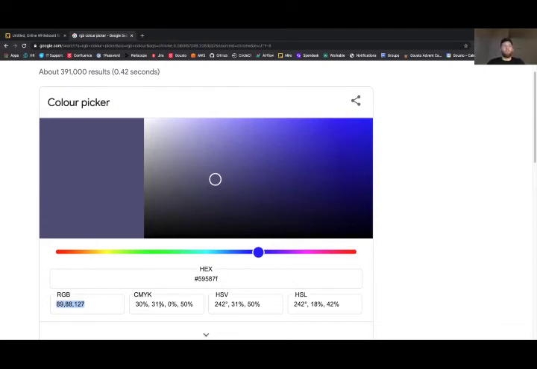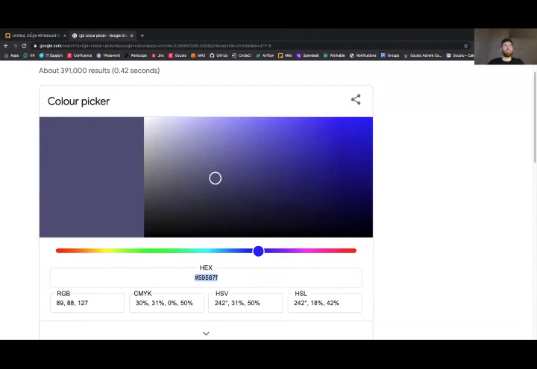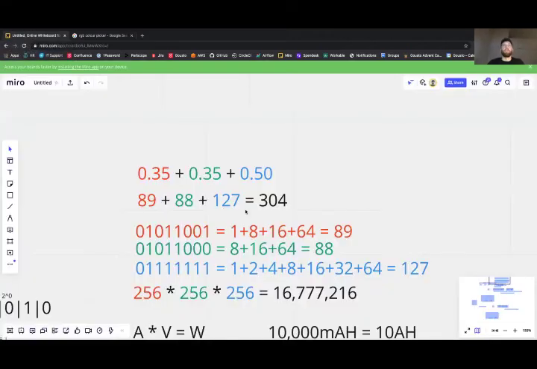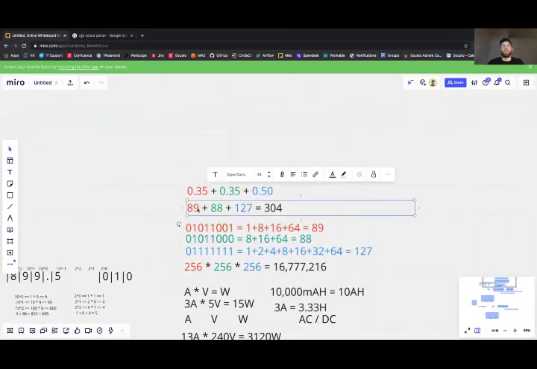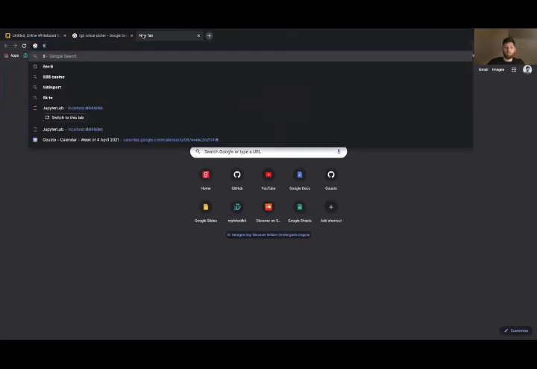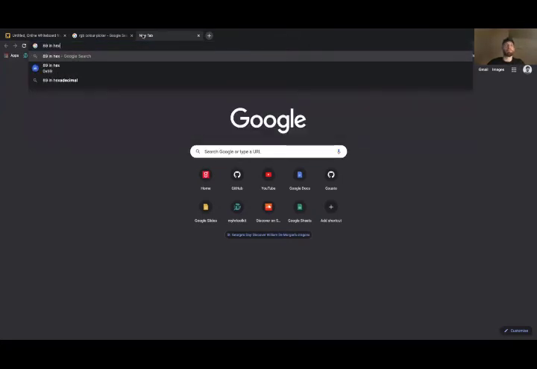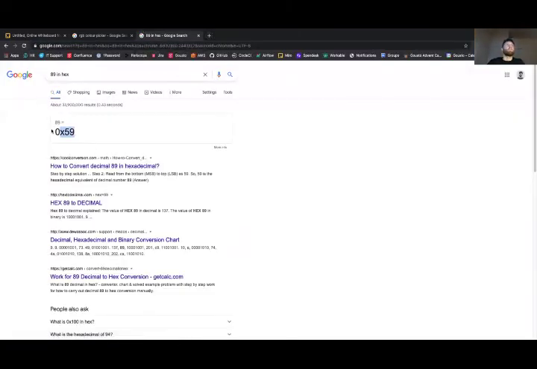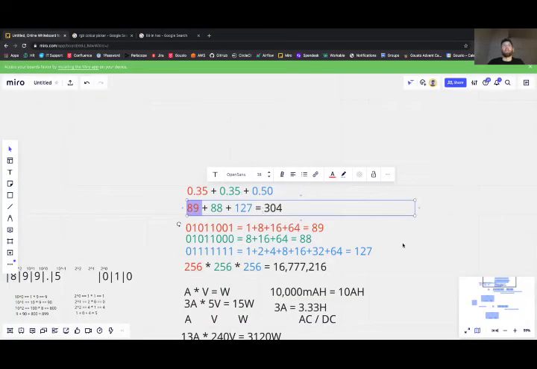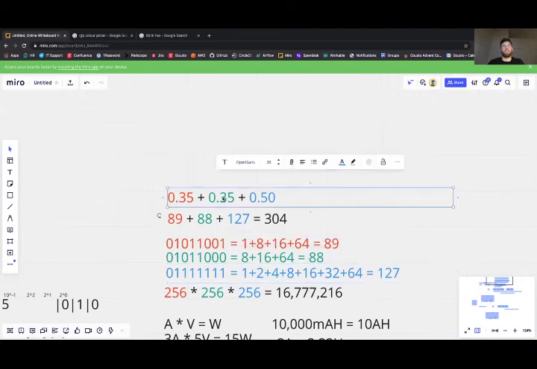And there are different ways to represent this number. So if you wanted to convert these binary numbers into the hexadecimal system that we saw before, let's see how that would work. So we've got 89. Let's do 89 in hexadecimal. It is 59. And you'll have to check the math of the previous section to understand this.